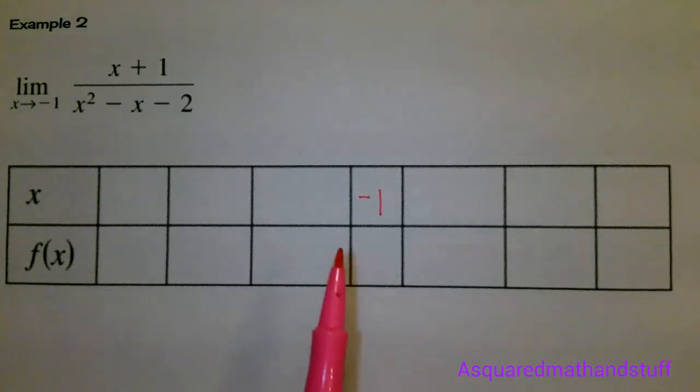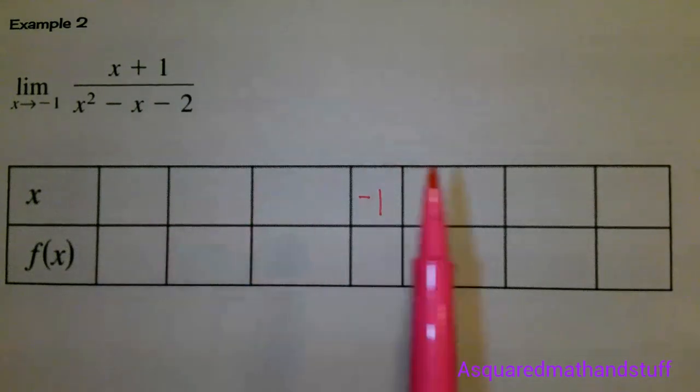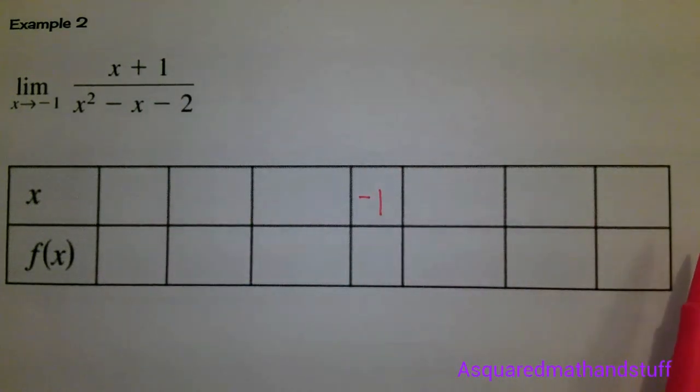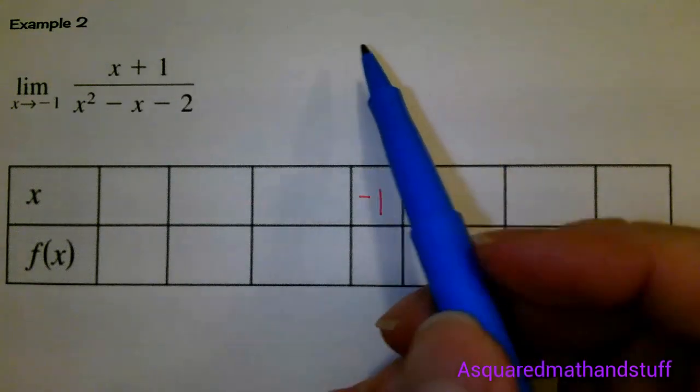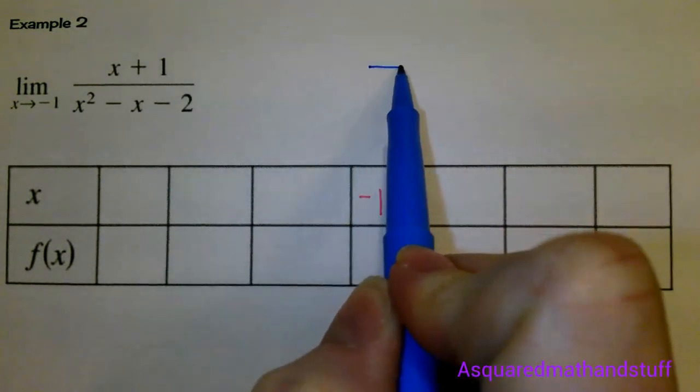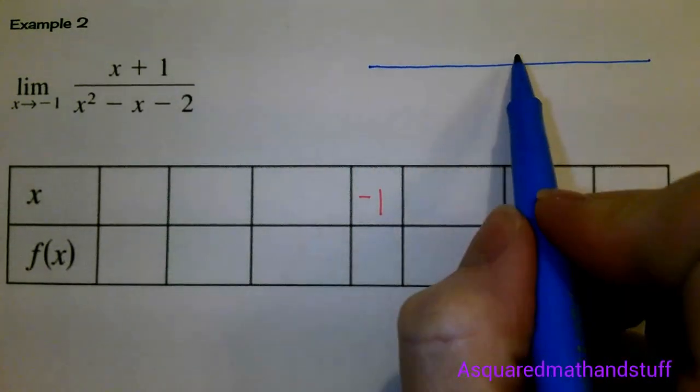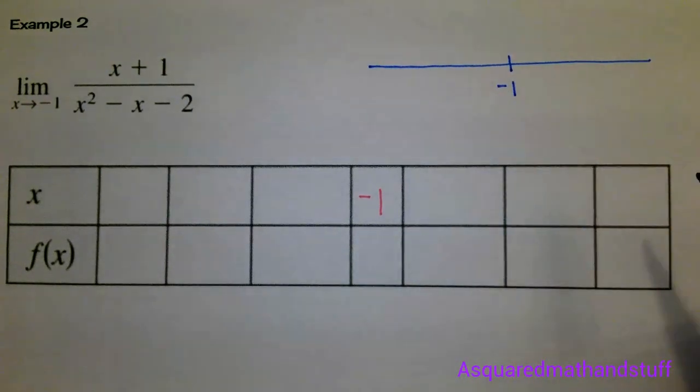Now I need to figure out what to put in the left-hand side and right-hand side values. You'll recall that I talked about adding and subtracting a tenth, a hundredth, and a thousandth. So let's write a number line here, and I'm going to put -1 in the middle.